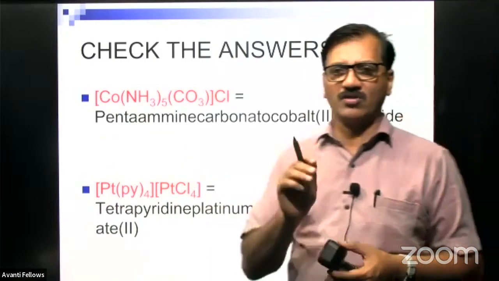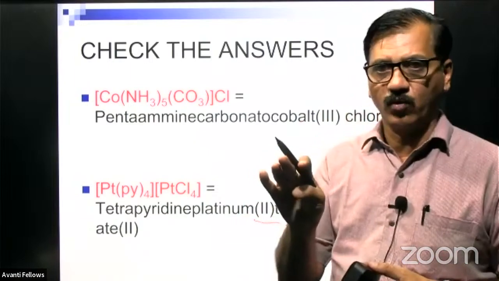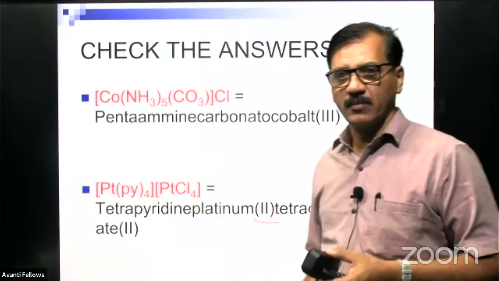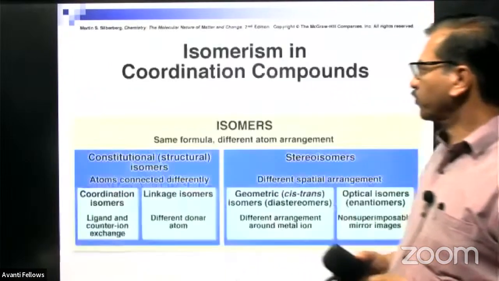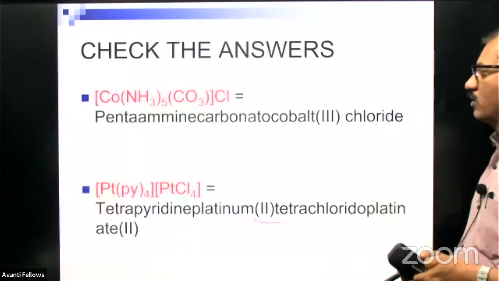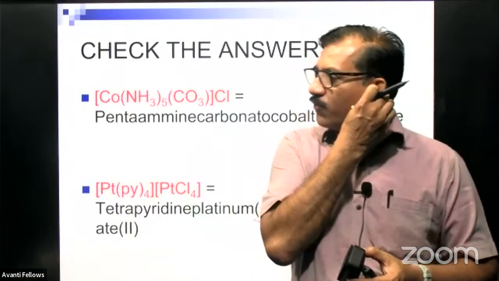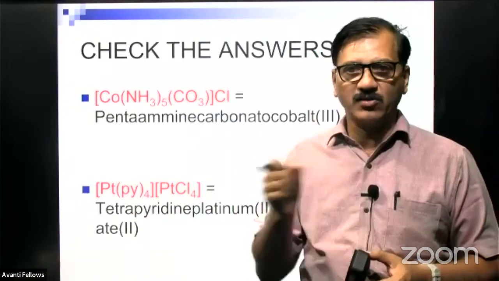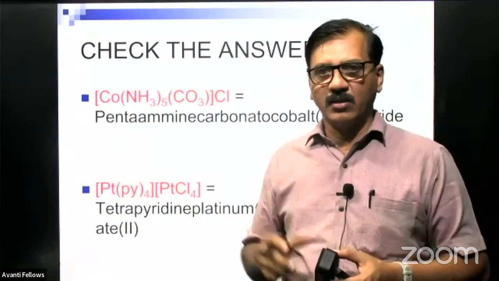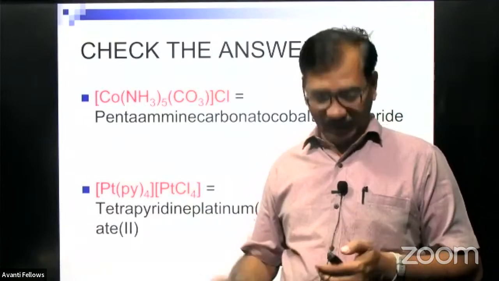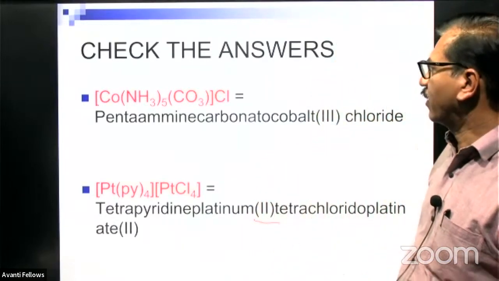Platinum has an oxidation state of 2 or 4, and we have to check with that. So these are the ways of naming. Please take up the work of practicing more, so that you can be perfect in that.